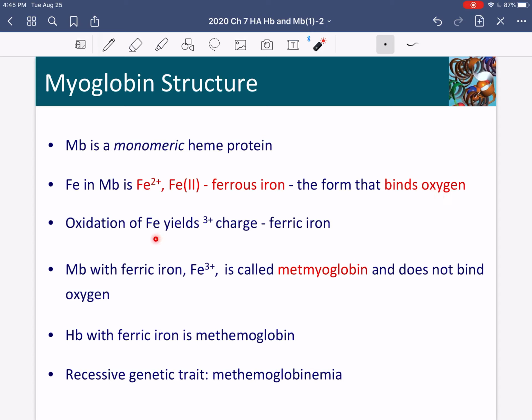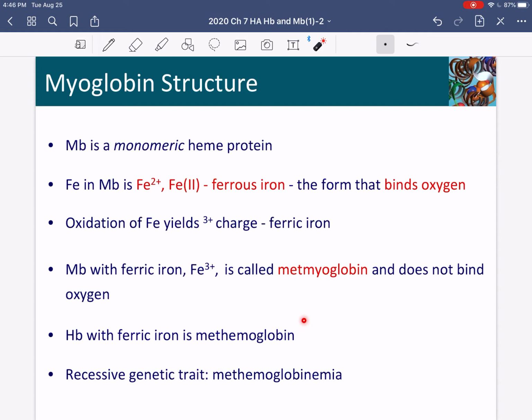If the iron is oxidized to form the 3+ iron state, then it's ferric iron, and ferric iron can't bind oxygen. Myoglobin with ferric iron is called metmyoglobin and can't bind oxygen. Hemoglobin with ferric iron is methemoglobin, and it can't bind to oxygen.